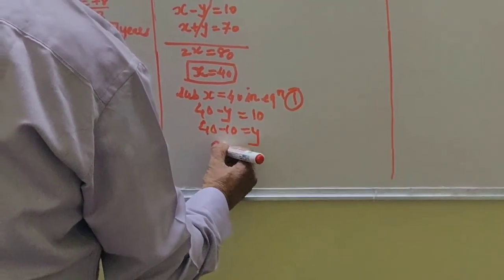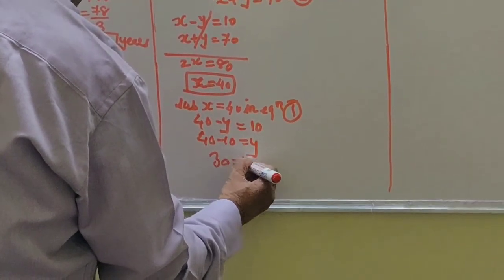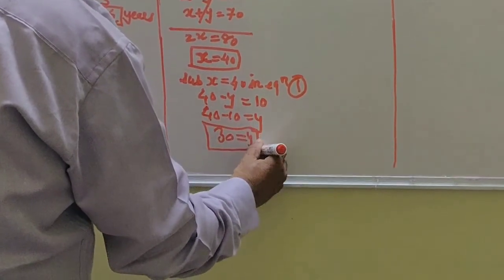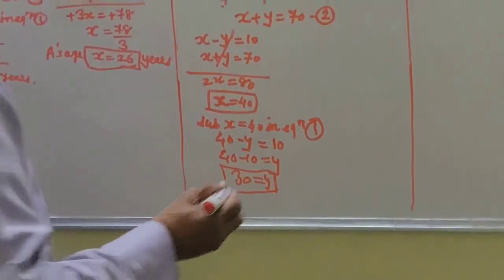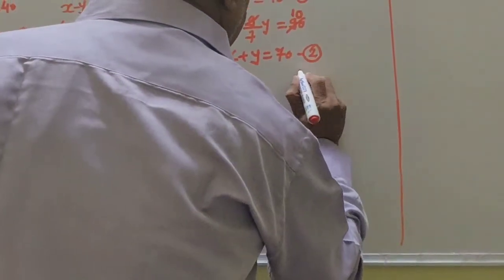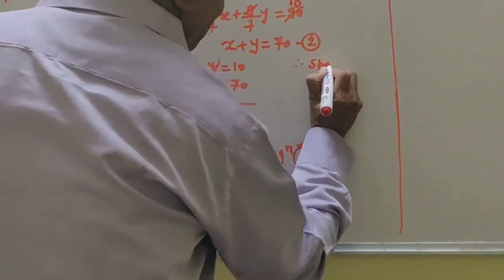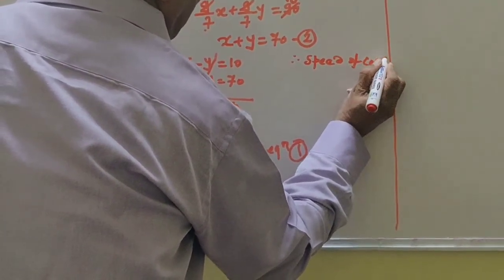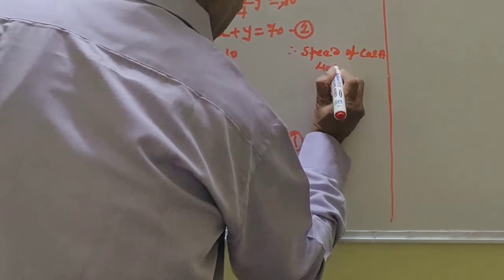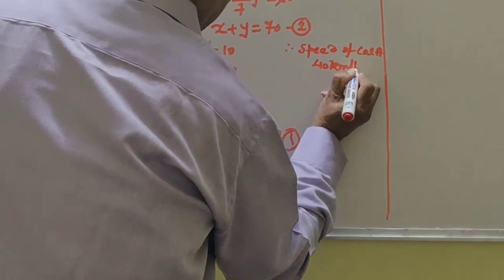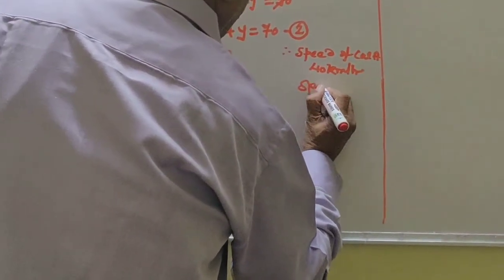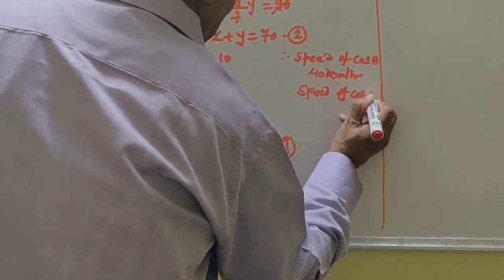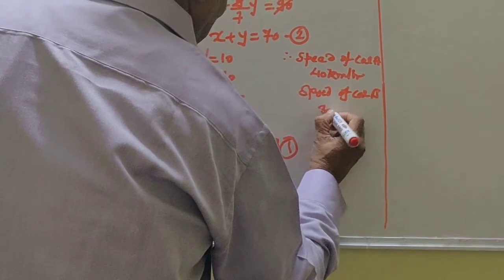Now 30 is equal to y. The value of y is 30. Means the speed of the car B is 30 km per hour. Therefore, speed of the car A is 40 km per hour and speed of car B is 30 km per hour.